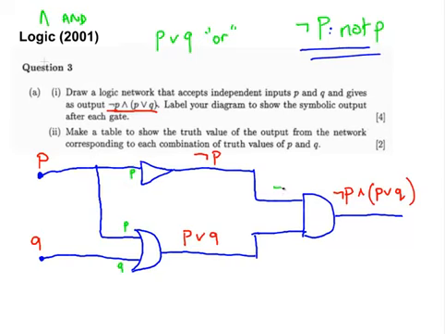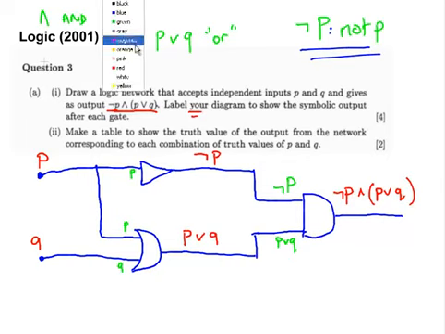Okay, and those are the inputs there again. It's not absolutely necessary to put every little detail on your logic network, but it does say label your diagram to show the symbolic output after each gate. So a well-labeled diagram would help here.